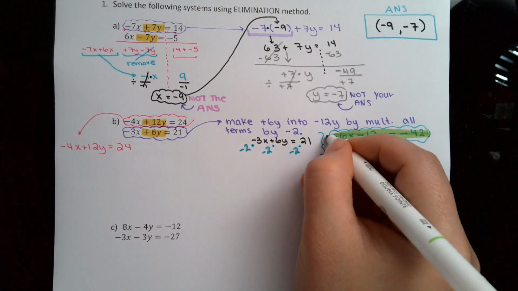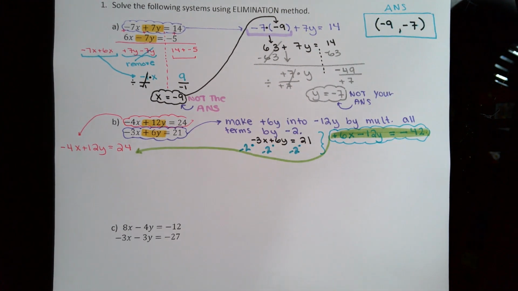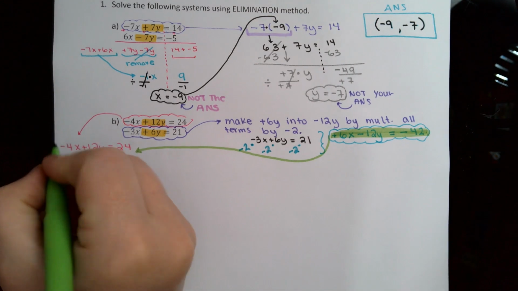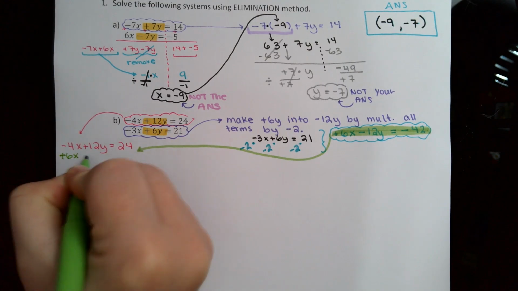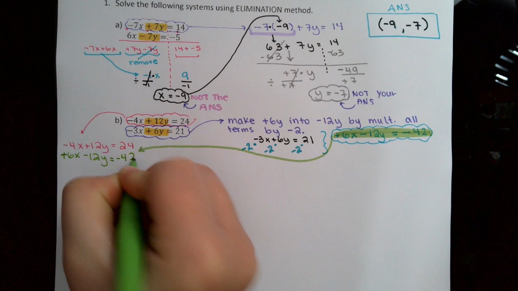We're going to bring that under the one that we did not touch. So the one that we did not touch is that negative 4. And then the one that we created is now this positive 6. So we write positive 6x minus 12y is equal to negative 42.